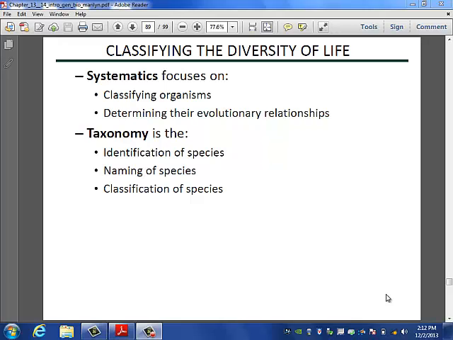Is this going to change? I can guarantee that now that we have DNA information. So it's the identification of species, the naming of species, and the classification of species based on those physical characteristic similarities.